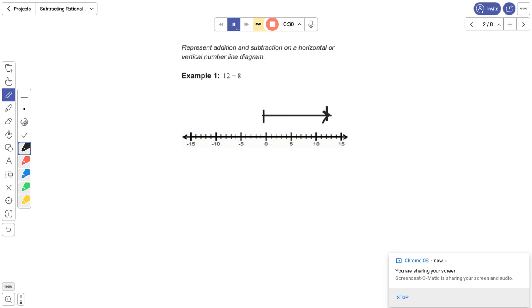So in other words, I can say 12 plus negative 8. So now I can add negative 8. So if I'm at 12, I can go back 8 units. And 12 minus 8 is 4.